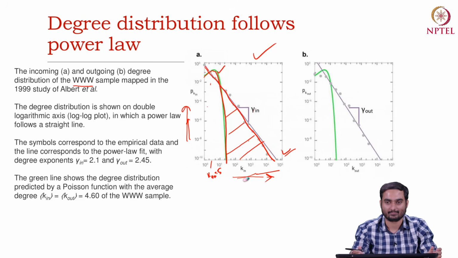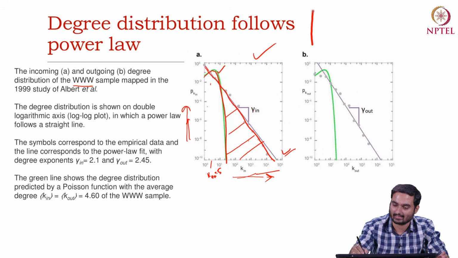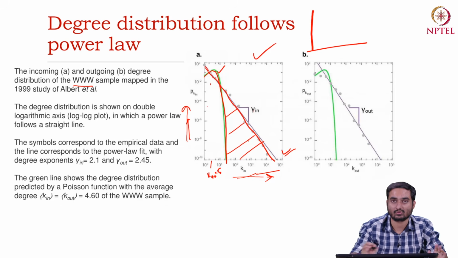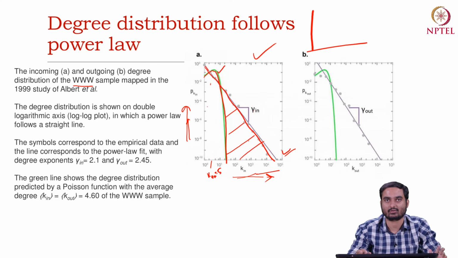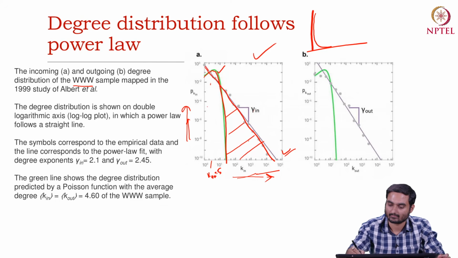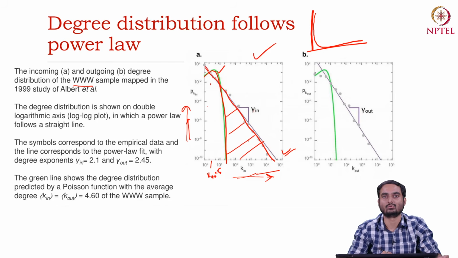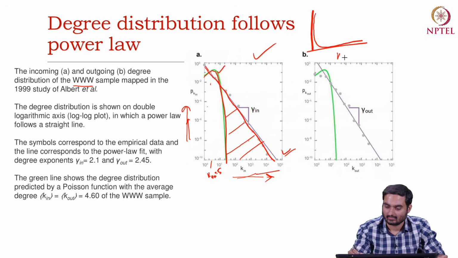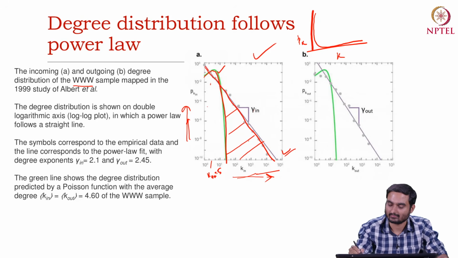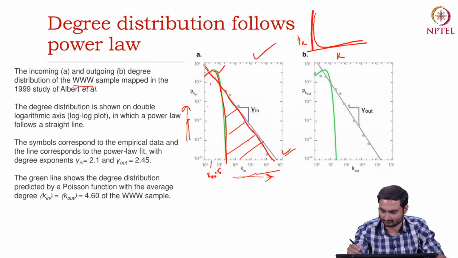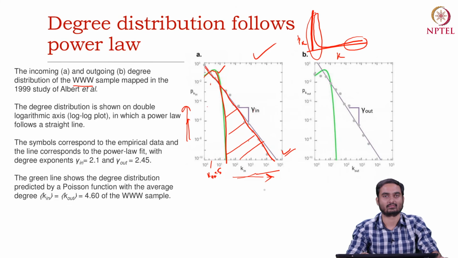For example, this power law essentially says that if you do not plot it in a log scale, if you plot it in normal scale, it would actually look like this, a skewed distribution, right? P of k versus k. What does it mean? It means that you have a lot of mass here and very few, negligible mass here.